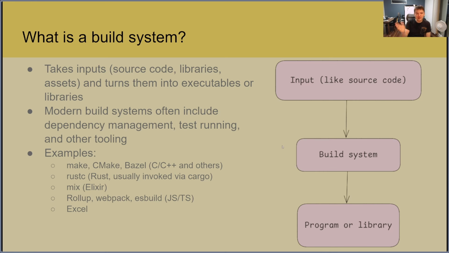In addition to that, modern build systems will include stuff for dependency management. So if you have a JavaScript program that you're working on, and you want to add React, for example, then typically there's a way within the JavaScript tooling that you can put it in your package.json, run a command, and it will make sure that you have React available to your code from that point on.